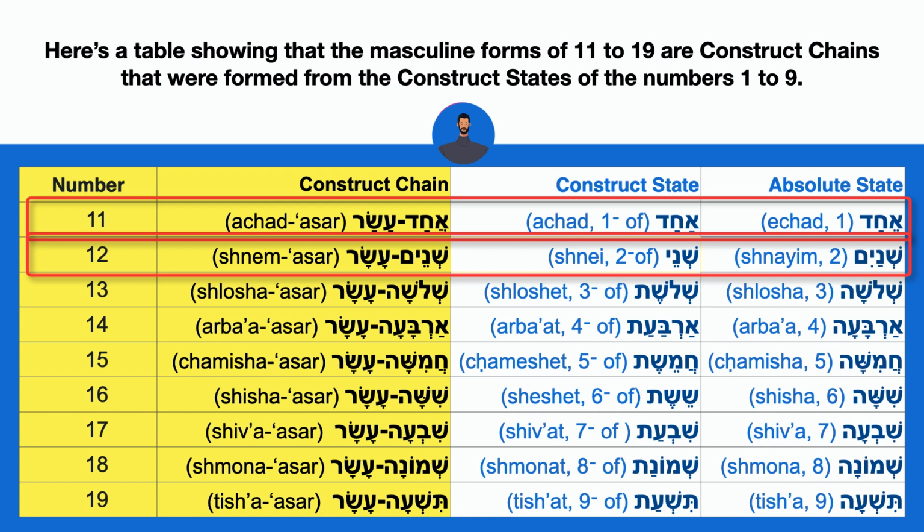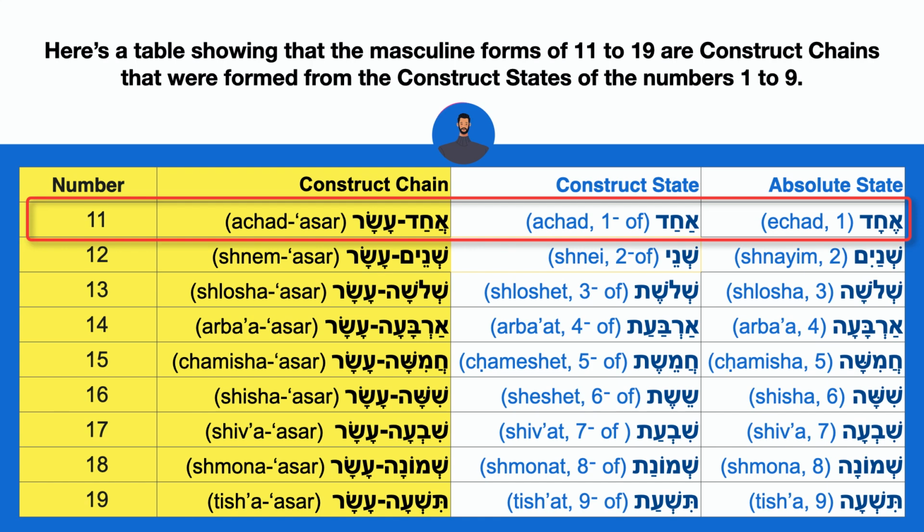So for number 11, it's achad asar. Echad is the absolute state of the masculine form of the number 1, and the construct state of this masculine number 1 is achad. So achad asar, the 1 plus the 10, which is asar. That follows the rule.